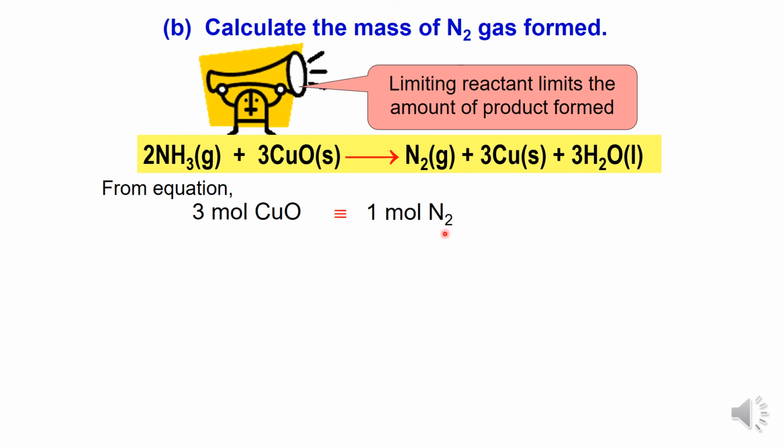On the left-hand side we write 3 mole CuO, and on the right-hand side we write 1 mole nitrogen gas. The 3 mole and 1 mole come from the equation.